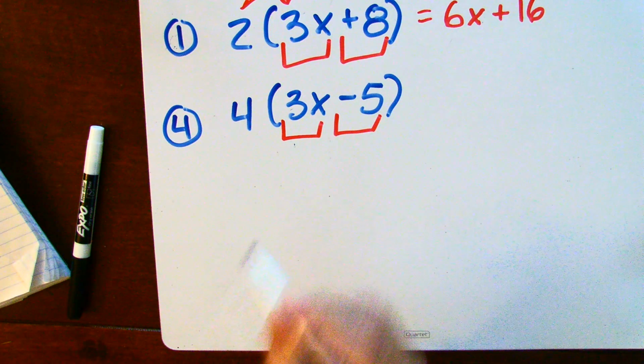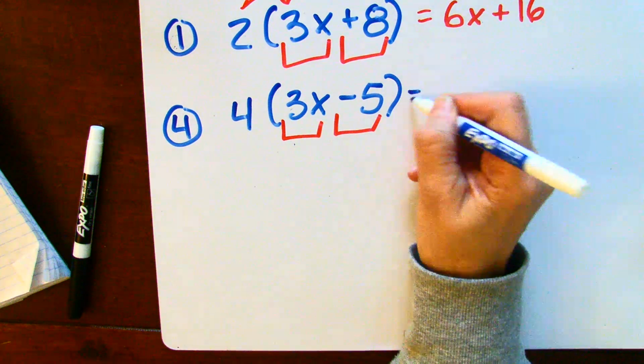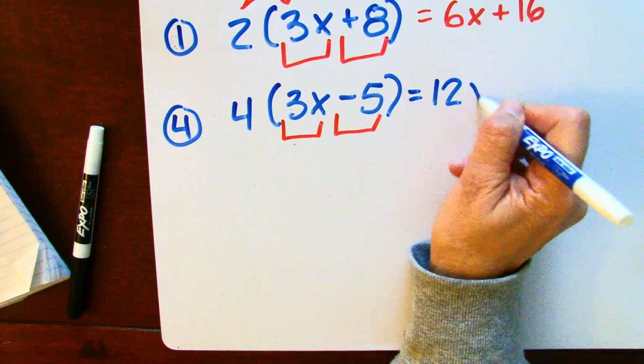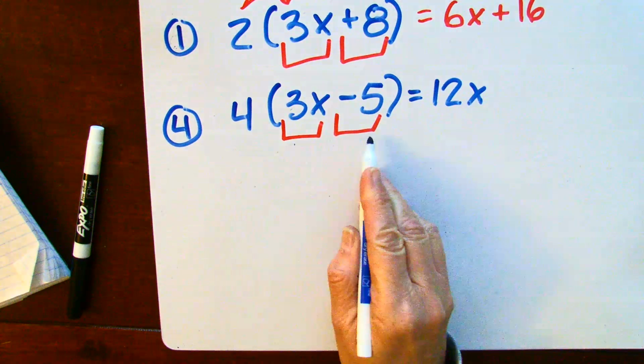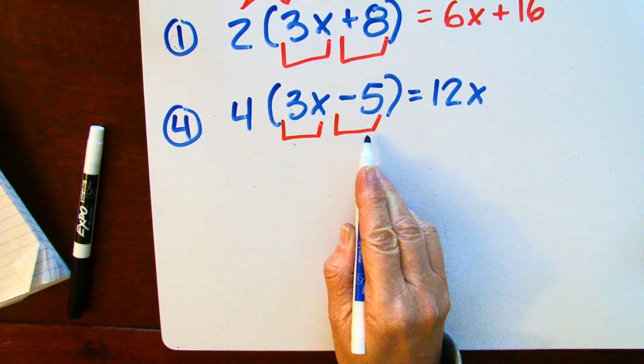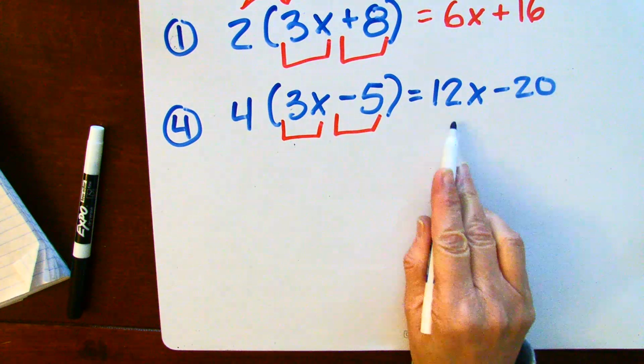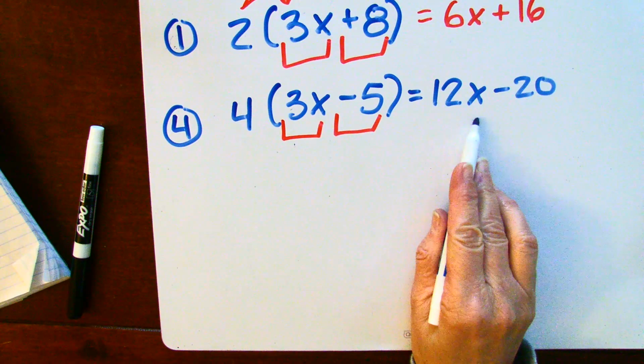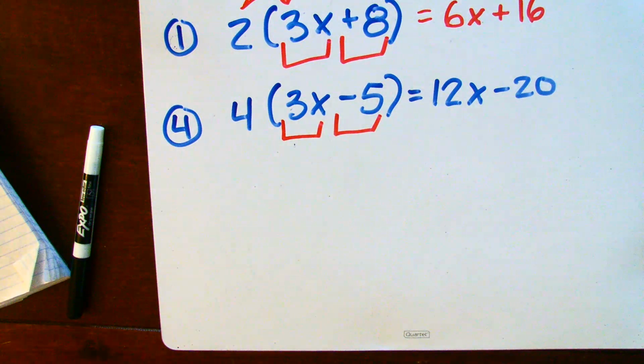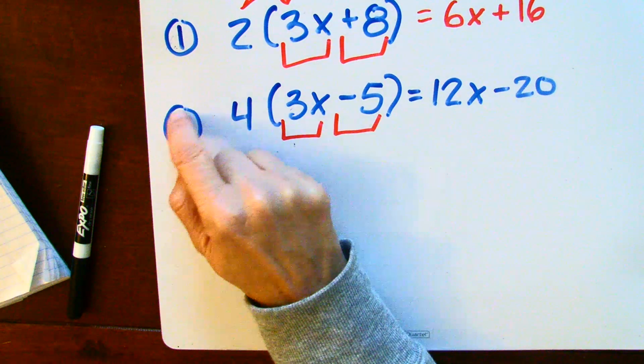So 4 times 3 is 12, making that 12x. 4 times a negative 5 gives us a negative 20. Or you could read this as 12x minus 20.